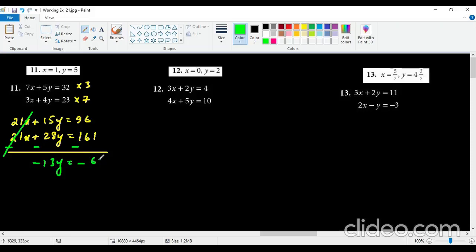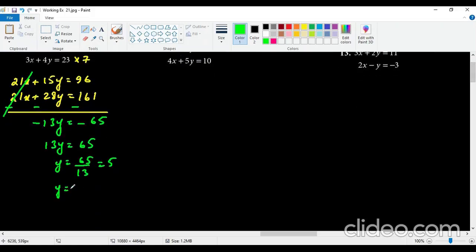So the minus minus signs are going to be cancelled. So 13y equals 65, and y equals 65 divided by 13, which gives us 5. The value of y is 5.